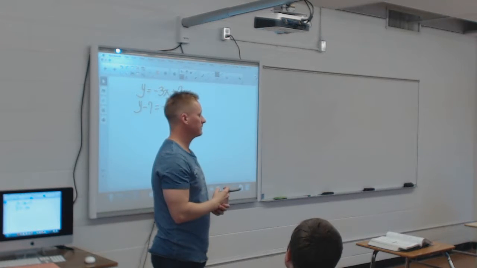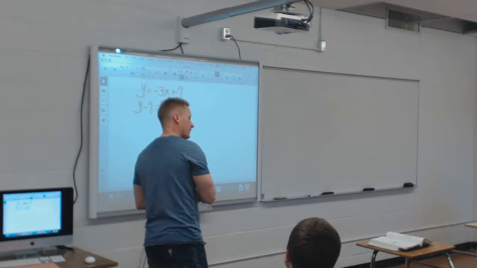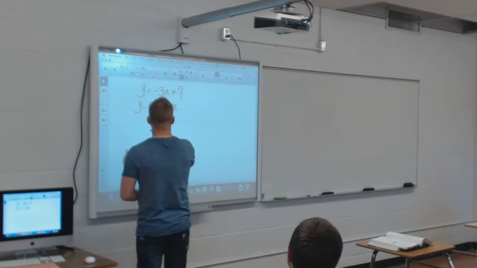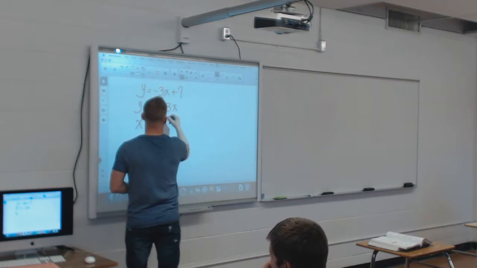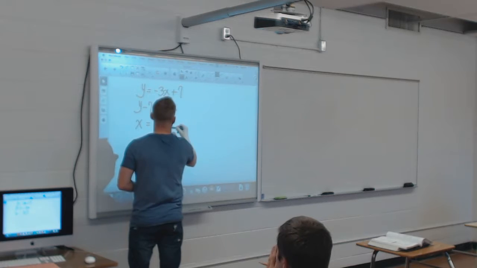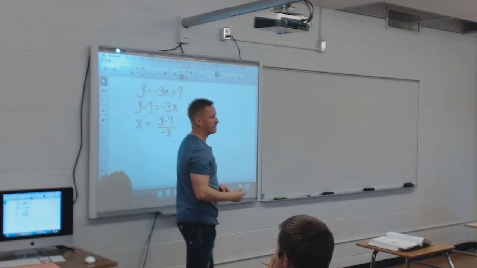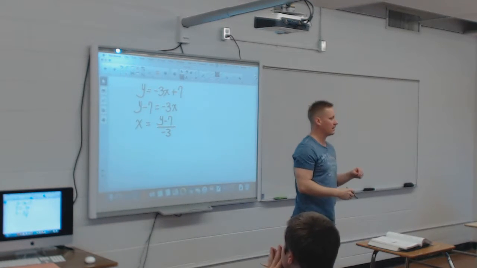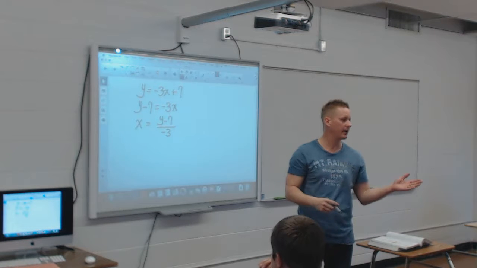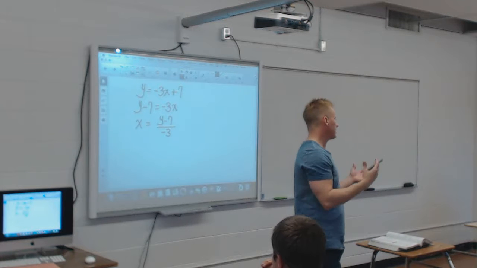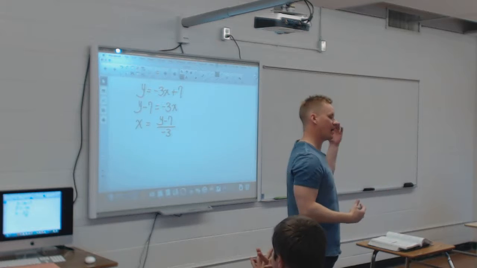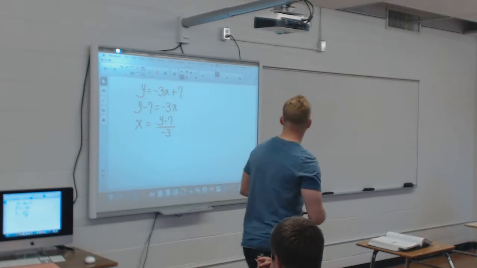What's the next step then? Divide by what? Negative 3. So I get x is equal to y minus 7 over negative 3. And that's it. So if I'm given a number, I can solve for that x value. If I just said solve for x given the equation, that's how I would do it. Now you're not expected to do this right now.